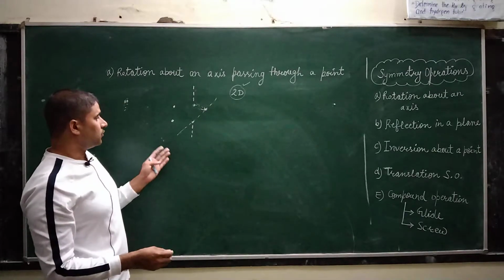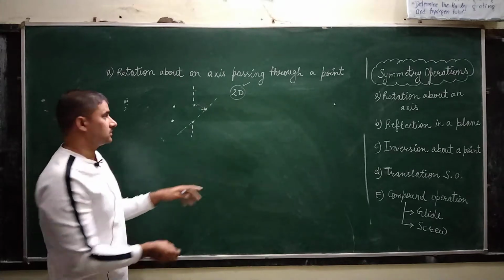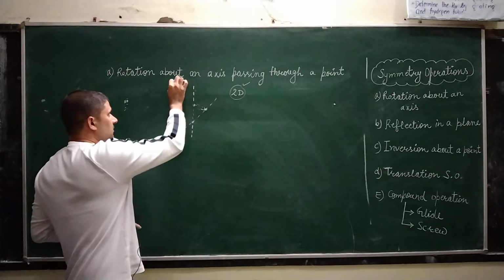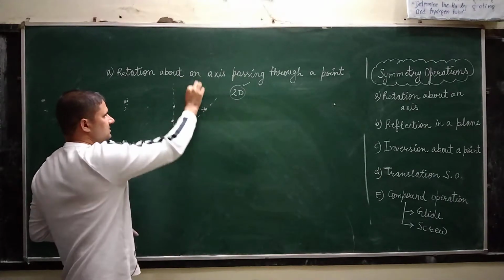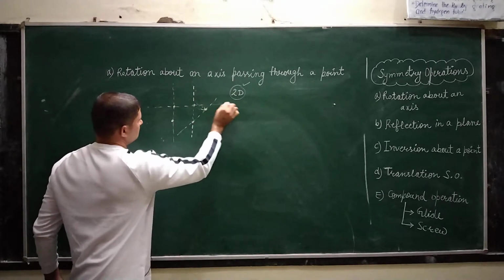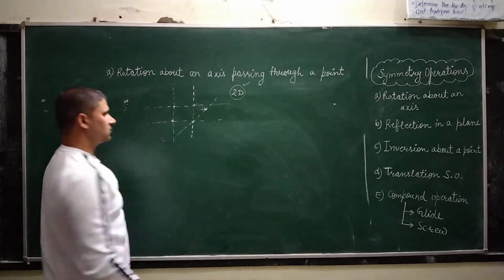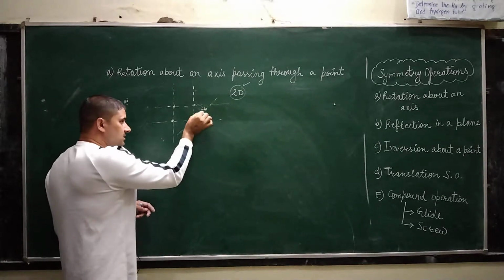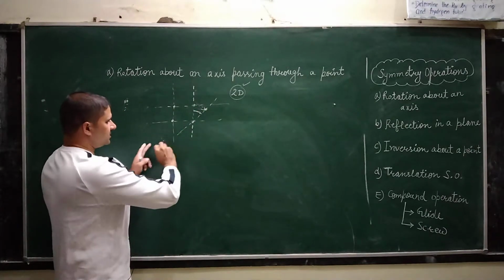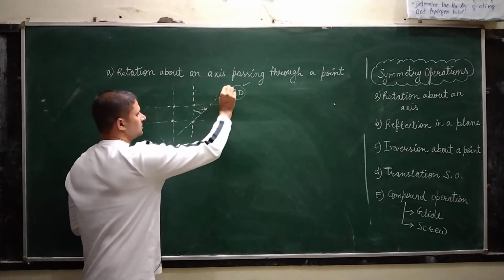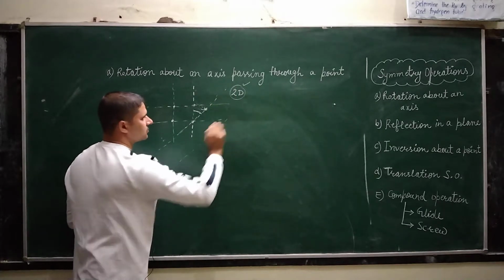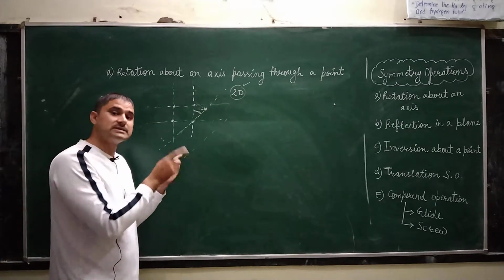See what was the initial direction of arrangement? The initial direction of arrangement was this. This is the direction. But after 30 degree rotation, you see the arrangement of particles becomes in this direction. Okay class, it means the symmetry has changed.